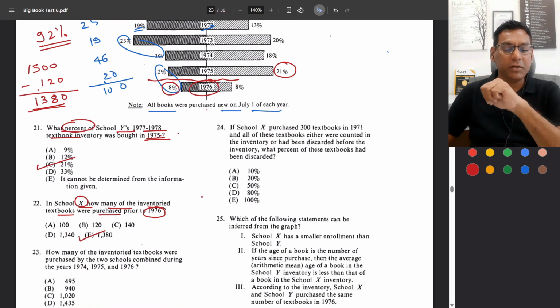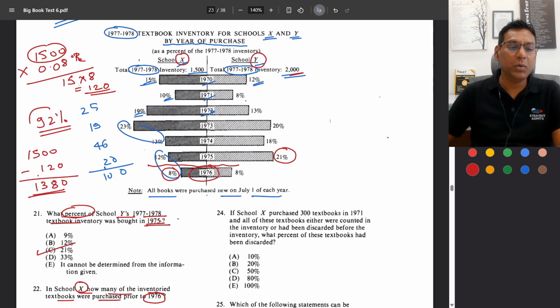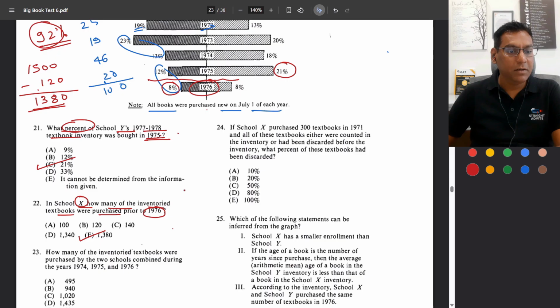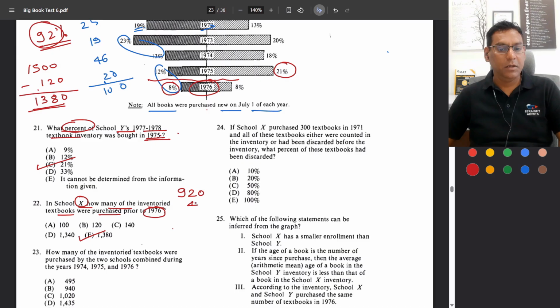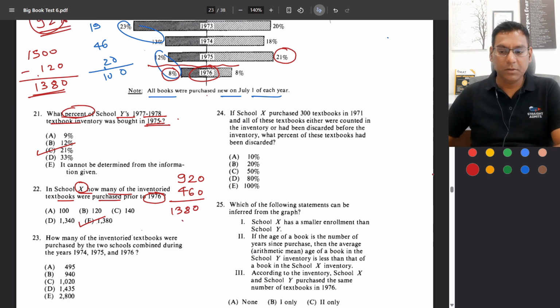A little bit of calculation here, but otherwise straightforward. You could have also done it this way: 1500 into 92%, which would also have given you the same number. 920 would be 10%, and 920 and 460. So 1380. We could have done it that way also.